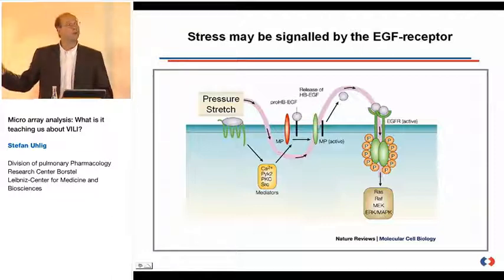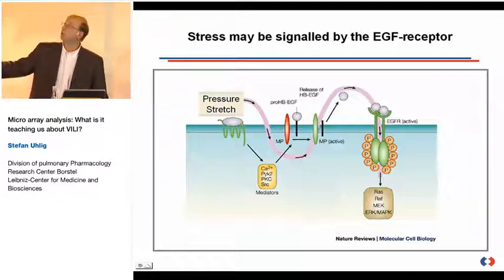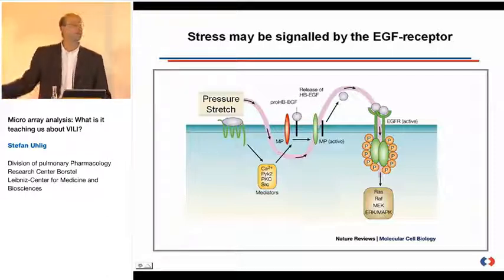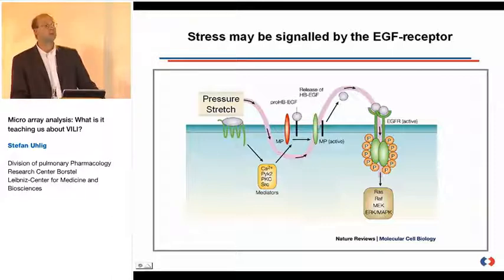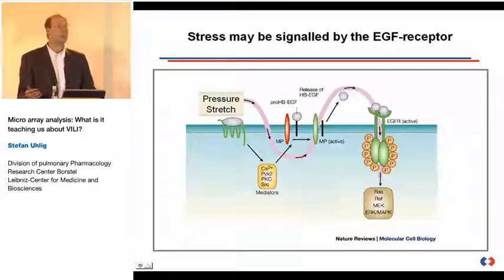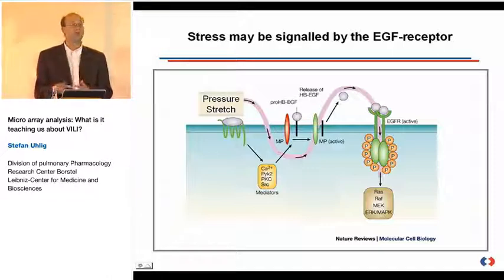So one hypothesis, obviously, that would be generated from that is that maybe during ventilator-induced lung injury, if you stretch cells, what happens is that not HBEGF is really being released, but it's amphiregulin instead, but then you would still enter a very similar pathway, and also amphiregulin is an activator of the EGF receptor. So I think that is an excellent example of how hypotheses can be generated from microarrays, because otherwise we never would have thought of amphiregulin. And of course, now we have to figure out in further studies how specific amphiregulin really is for ventilator-induced lung injury and what role it plays.